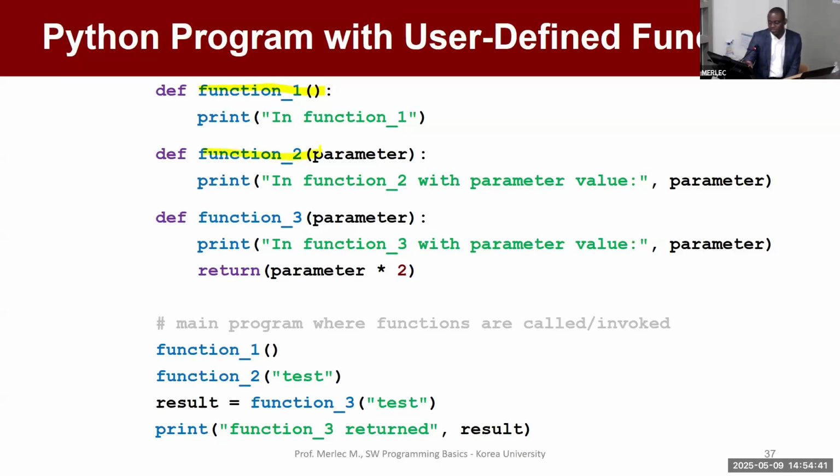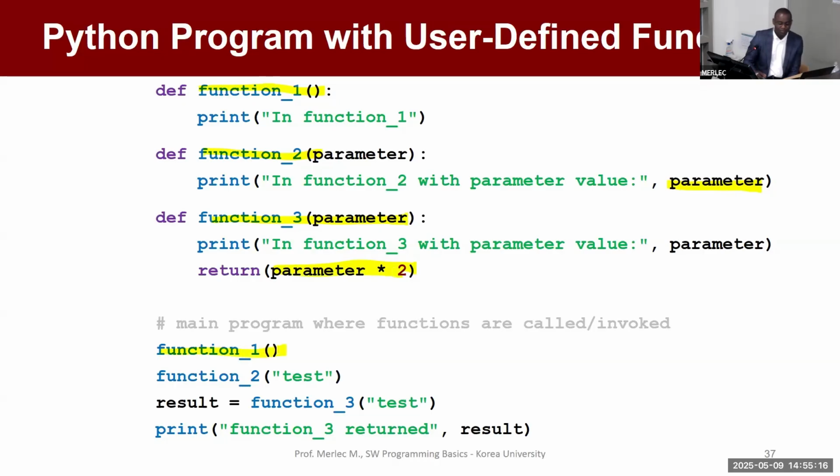Function 2 has just a single parameter to be sent, and then it shows a message that is combined with the value inside the parameter. And then function 3 also receives a parameter and returns the result to the calling line, which will double the value inside the parameter.